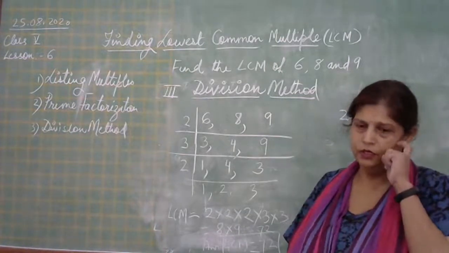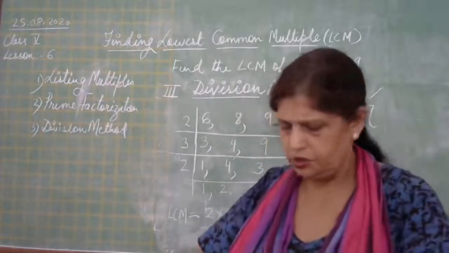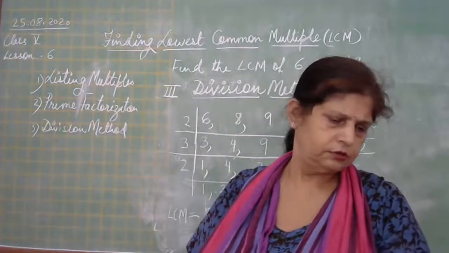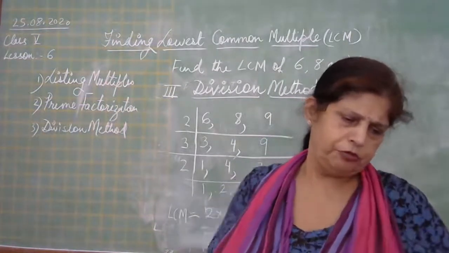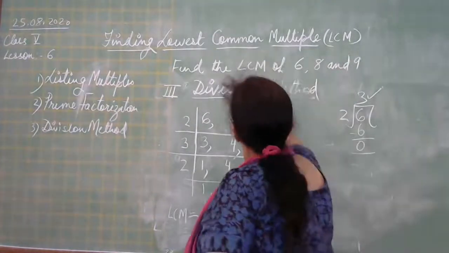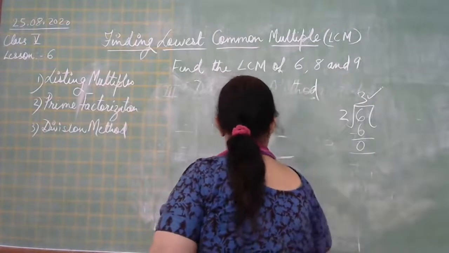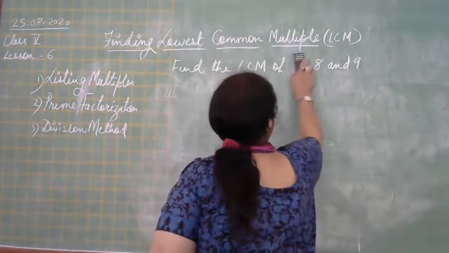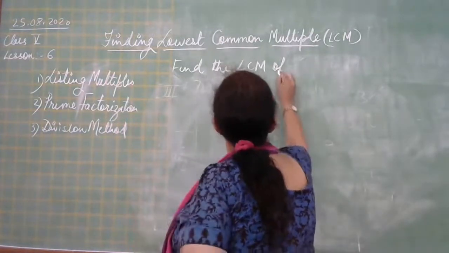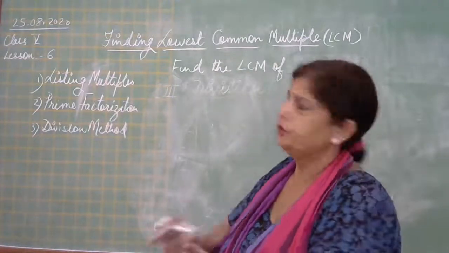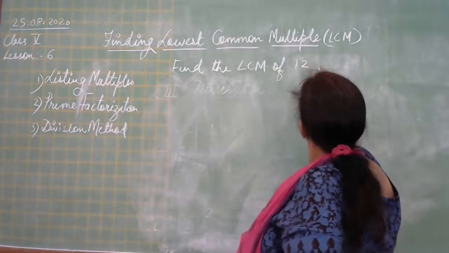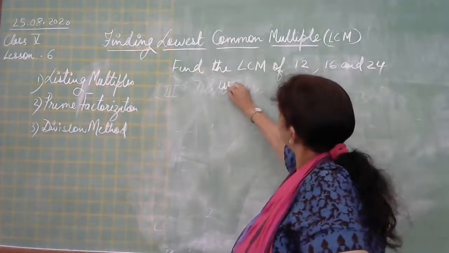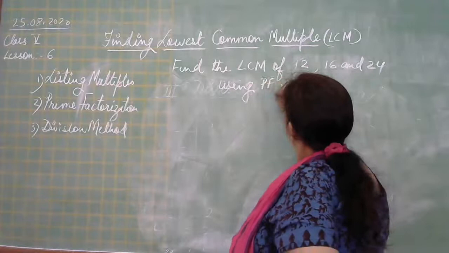I'll give you one question to do. If you can do and solve it here, find the LCM of 12, 16 and 24 using PF method.